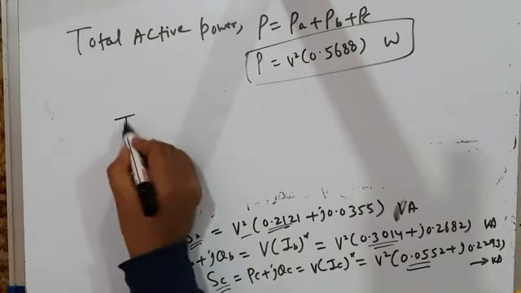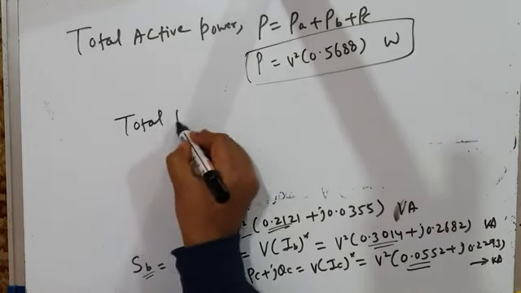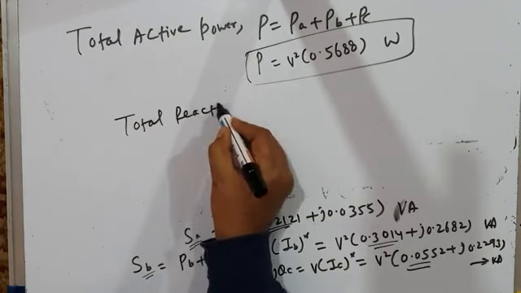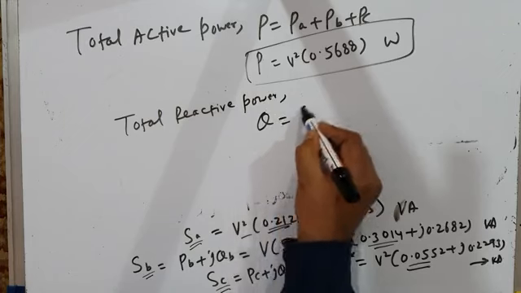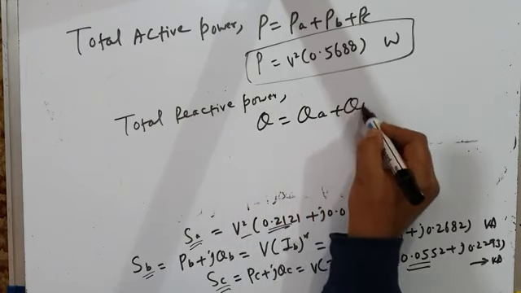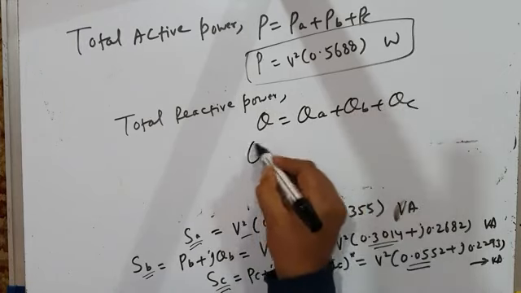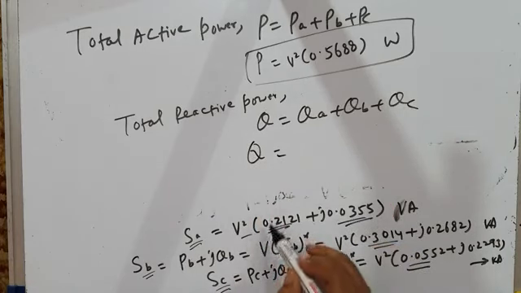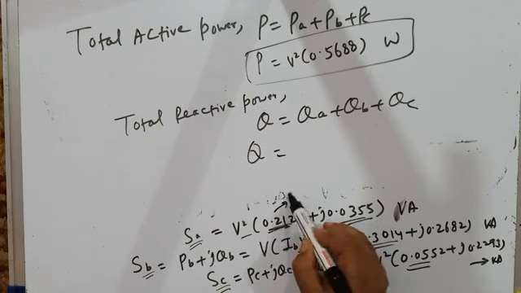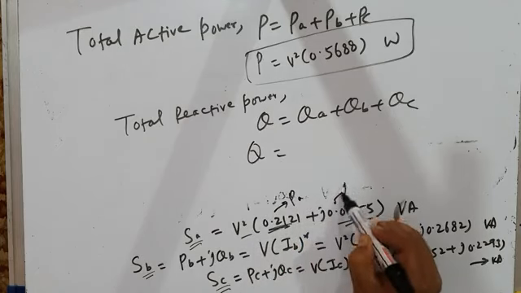Similarly, what is the total reactive power? Total reactive power delivered from source to load, Q, is equal to QA plus QB plus QC. QA is the reactive part of SA. SA has two parts, real part and reactive part. Real part is PA and reactive part is jQA.